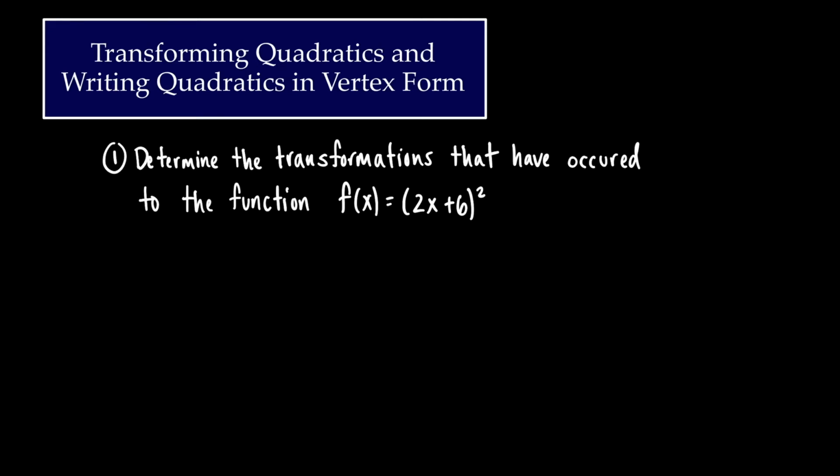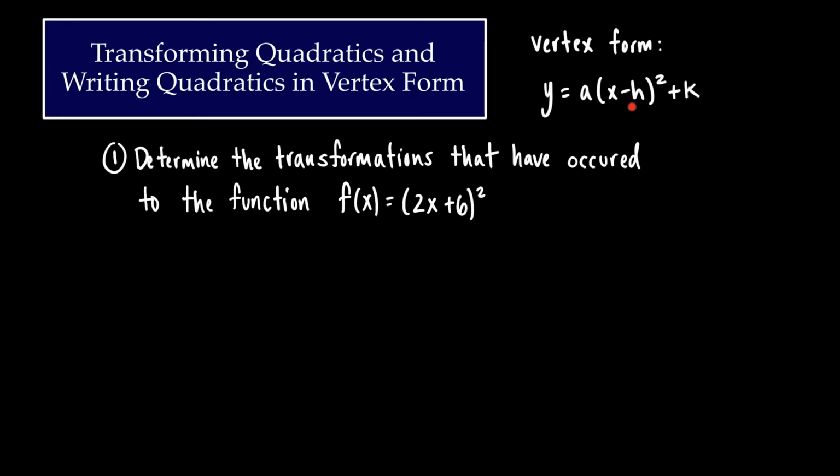And remember, vertex form is where we've got y is equal to some number times (x minus another number) squared plus another number. And so we use a, h, and k. That's pretty conventional.